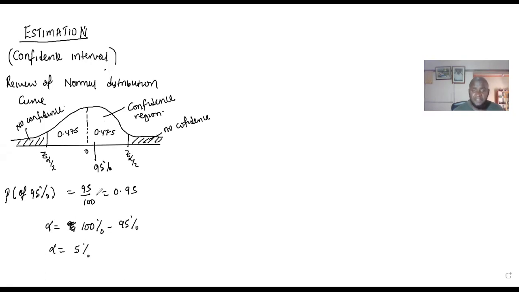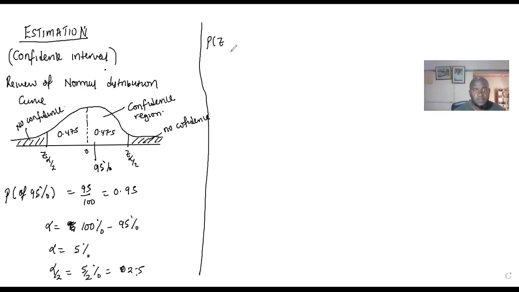But because we are halving both cases, alpha over 2 is going to be 5 over 2%, which is 2.5%. Now the probability of getting Z alpha over 2 is going to be 0.025.